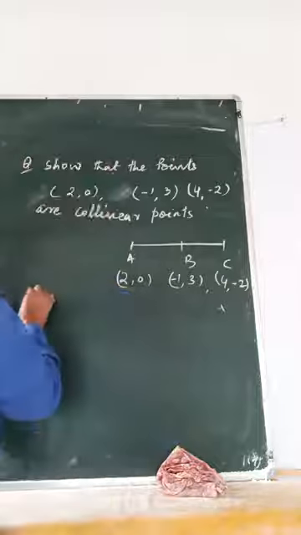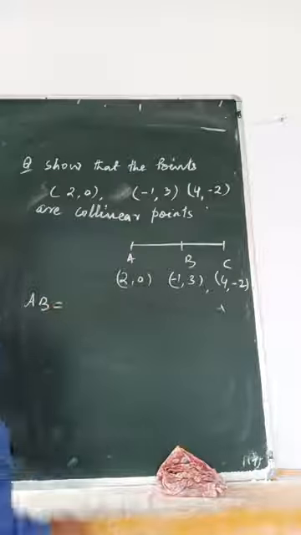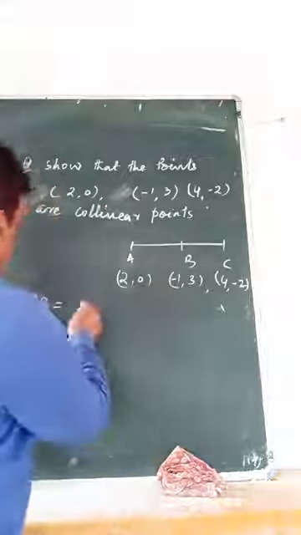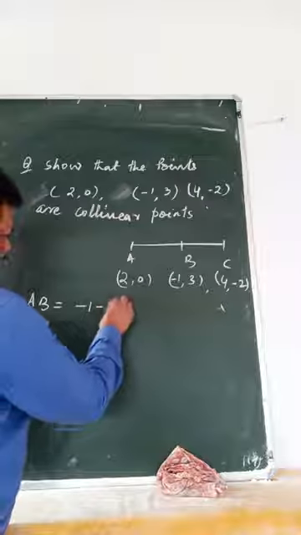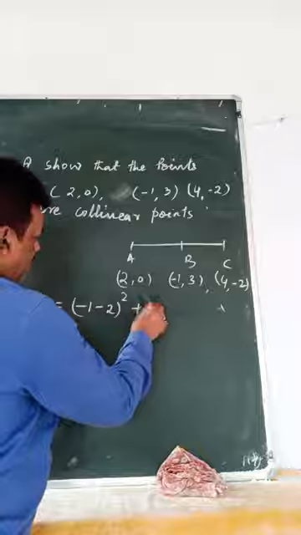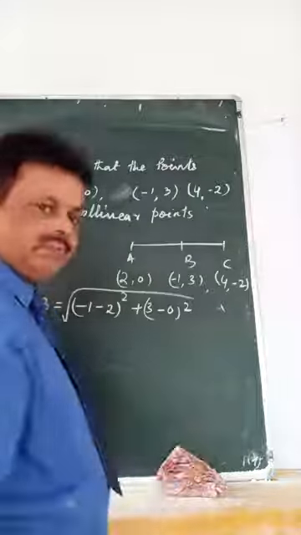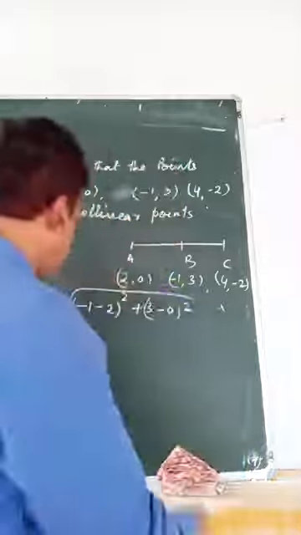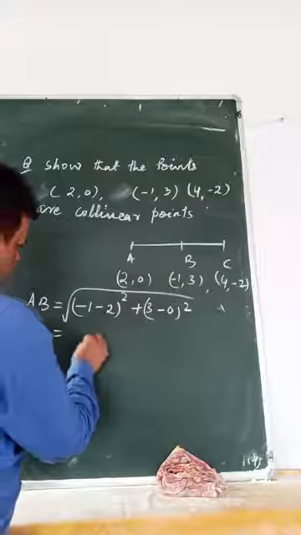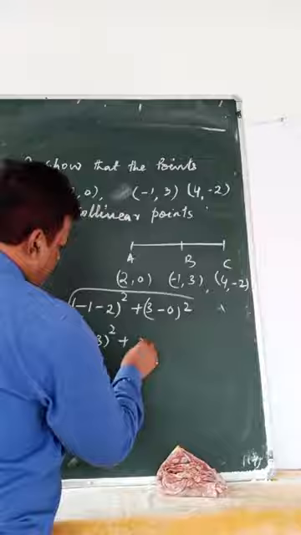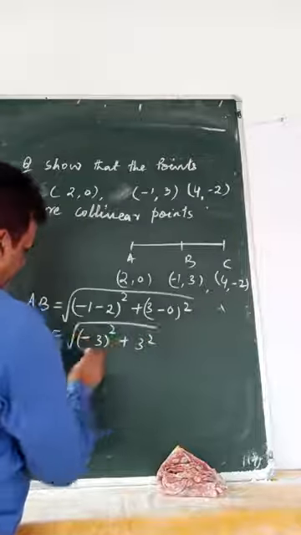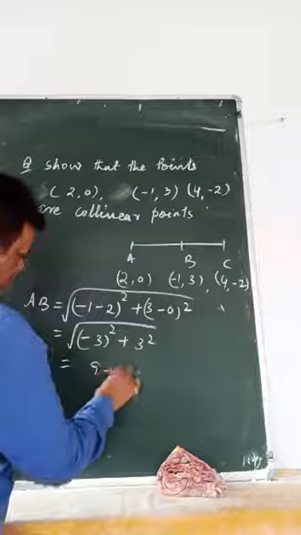So find out what is AB. Distance formula: root over (-1 minus 2) whole square plus (3 minus 0) whole square. So it is (-3) square plus 3 square, it is 9 plus 9.